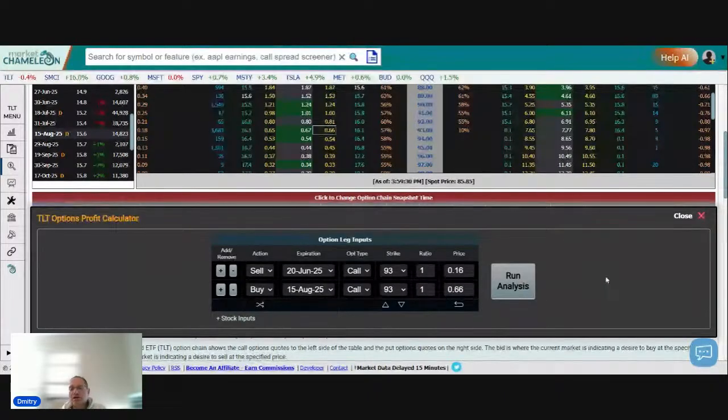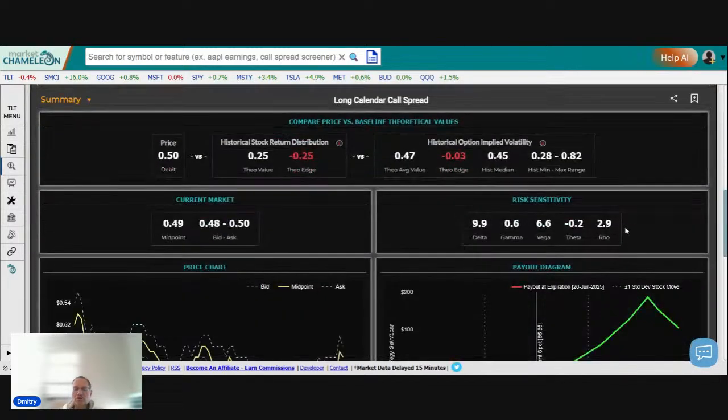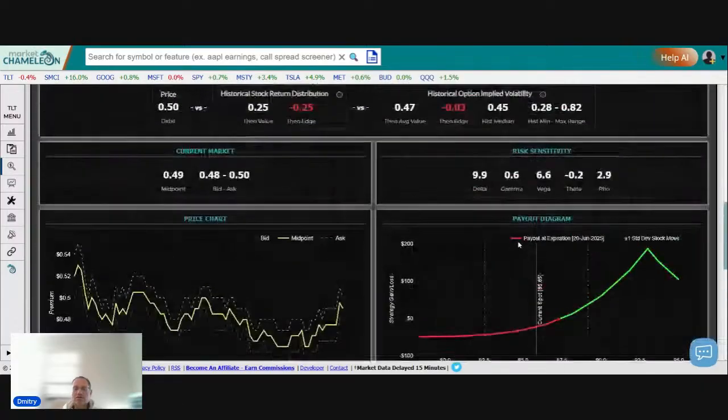And we're going to run the analysis on the current markets and see what the spread looks like. Where do we value it from a historical perspective, and the potential payout. So I'm going to run this analysis, and then we get all these analytics.